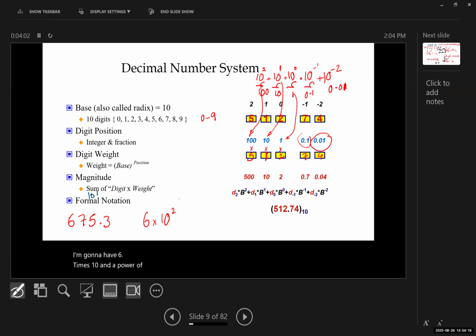Am I correct? Plus 7 times 10 in the power of 1, plus 5 times 10 in the power of 0, plus 3 times 10 in the power of negative 1. So it's going to be 600 plus 70 plus 5 plus 0.3, which is going to be 675.3.